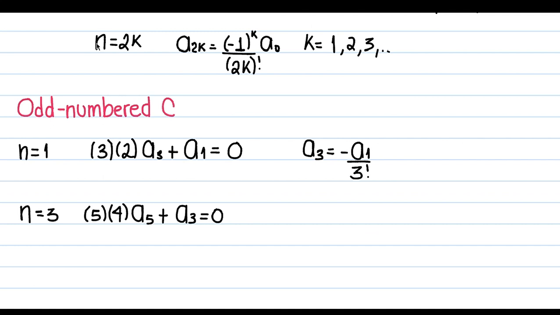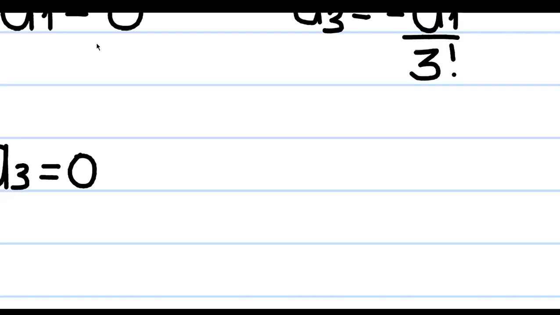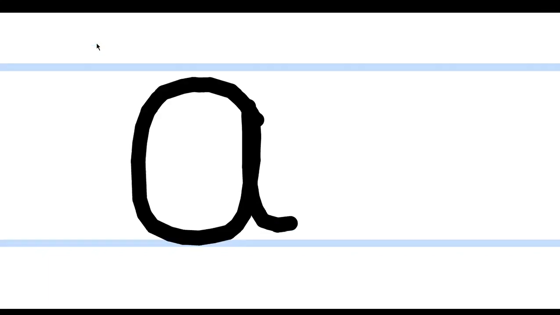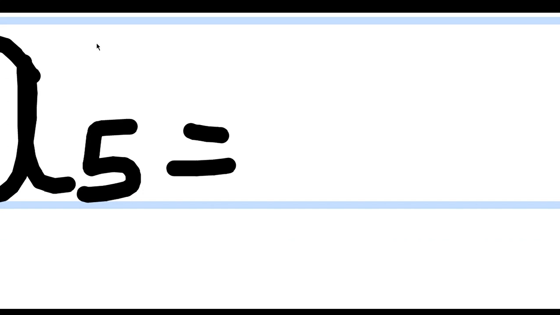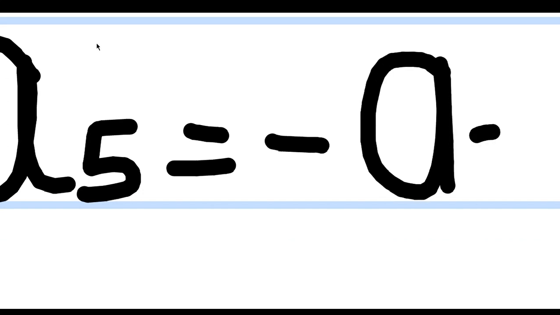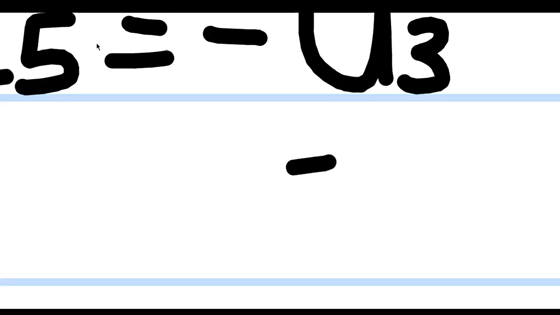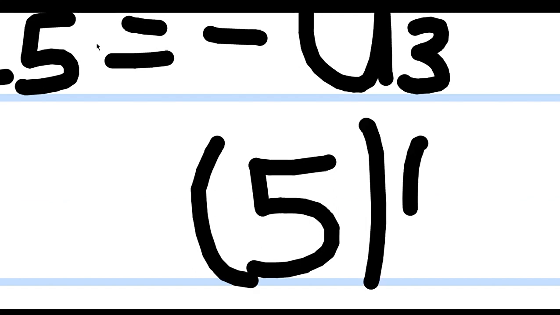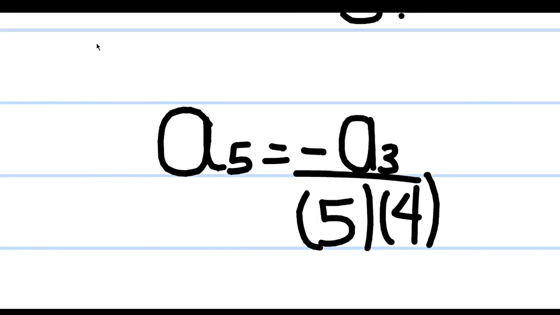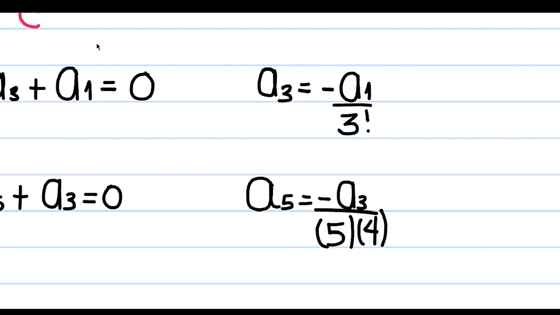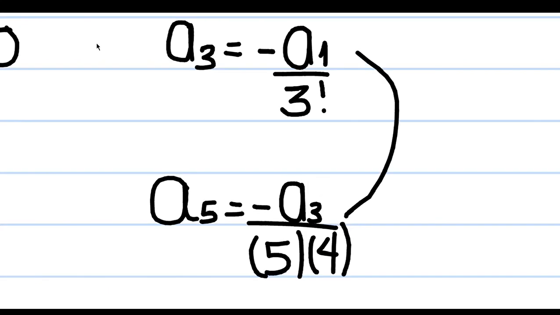So, solving for a sub 5, we have a sub 5 is equal to minus a sub 3 over 5 times 4, and I can substitute a sub 3 with that.